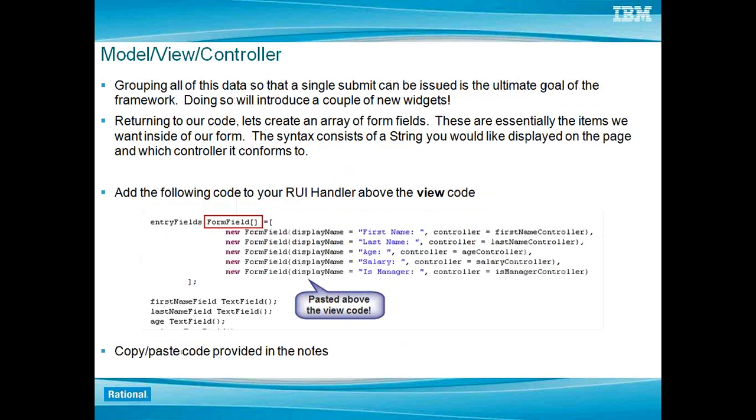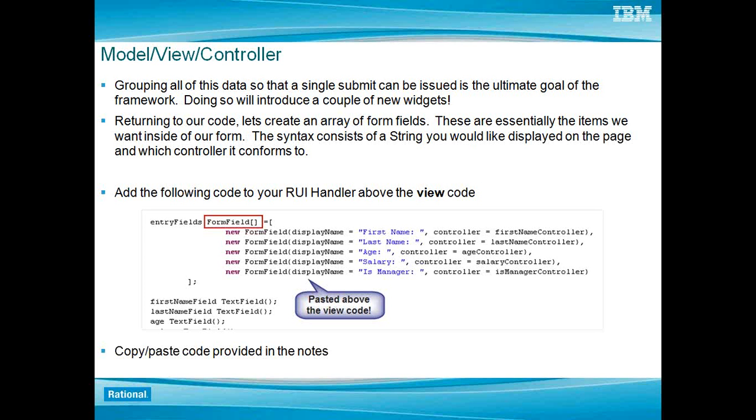Now we are creating a form field. Inside of the form field, it's a variable, a special type of object in EGL through which we will be creating a form that will be used for submission.